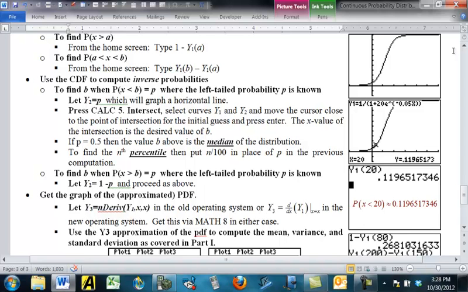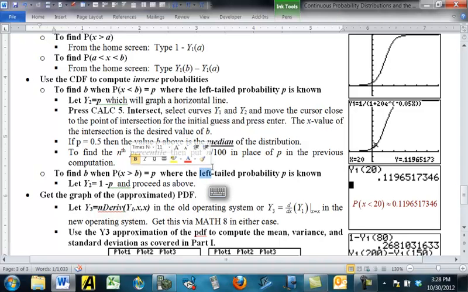What if you know a right-tailed area instead of a left-tailed area? So this one should say right-tailed area. Well, remember that if you know the right-tailed area, you know the left-tailed area too, because the left-tailed area is 1 minus that. So in this case, just let y2 be 1 minus the right-tailed area, and it will be the left-tailed probability, I should say.